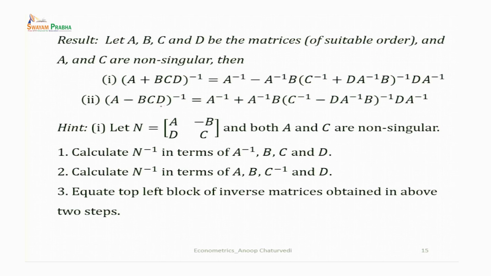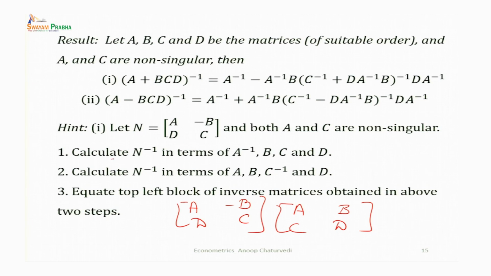And similarly, you get this result. You have to obtain the inverse of matrix A, B, C, D or A minus B, D, C using those two procedures, and then you equate the corresponding matrices, then you get these results.